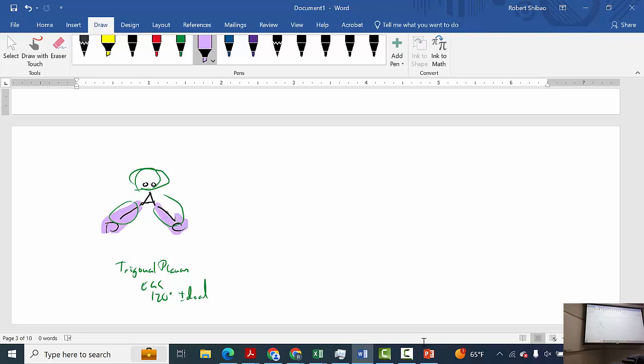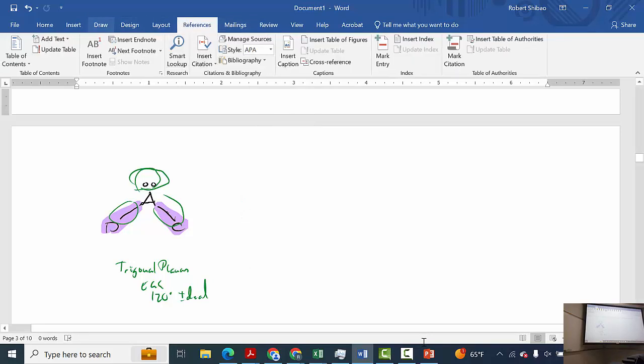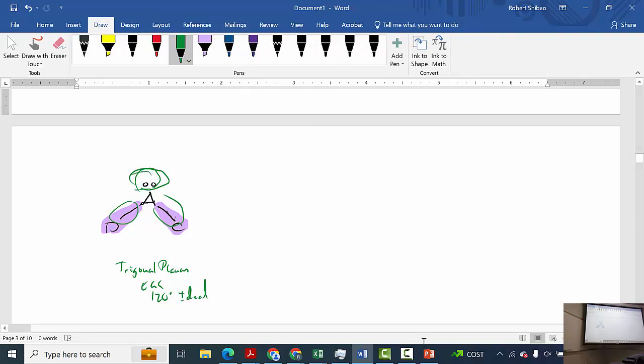The ideal angle would be 120 degrees ideal. But when we look at the molecular geometry, we're only looking at the geometry of the bonded atoms. This is not linear. It's not linear because of this lone pair. This lone pair, remember, the lone pair is concentrated on the atom here.